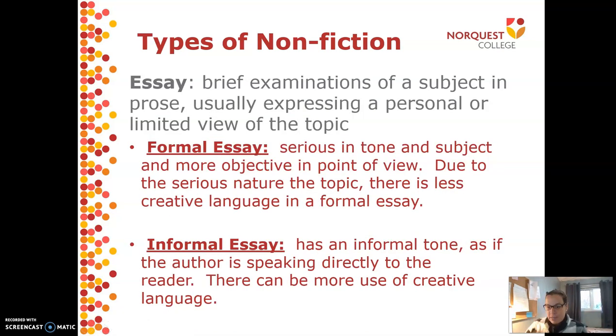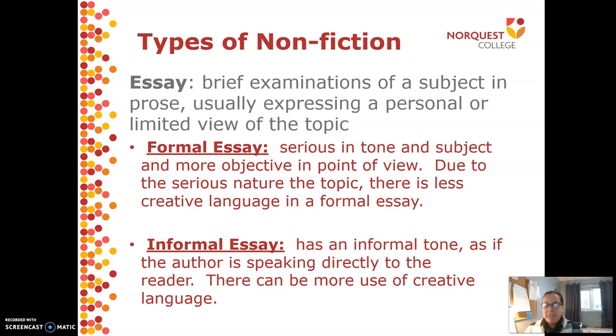Then there's essays. So this is hopefully something you've heard before, being in an English class. These are examinations of a subject in prose, either expressing a personal or a really limited view of the topic. It's really focused in, it's not a big research paper. It's a shorter piece of prose that examines a subject.